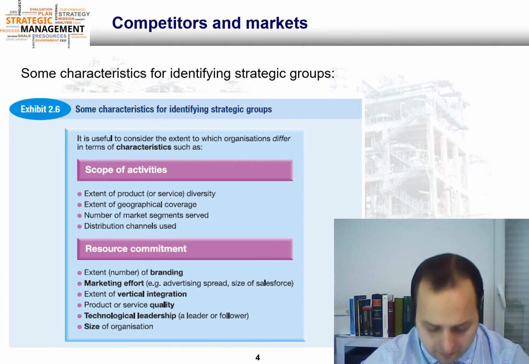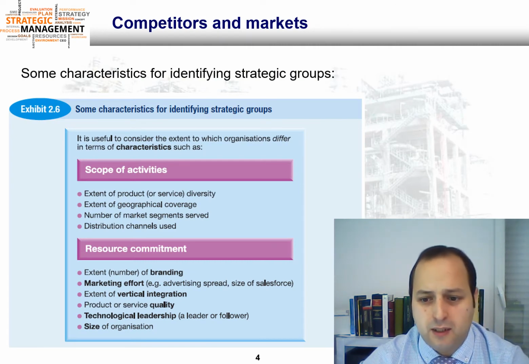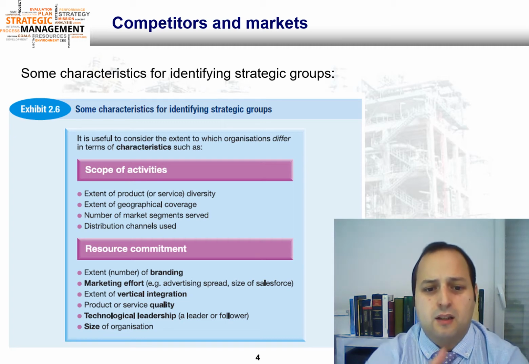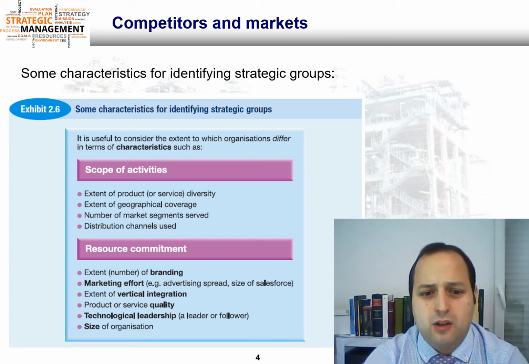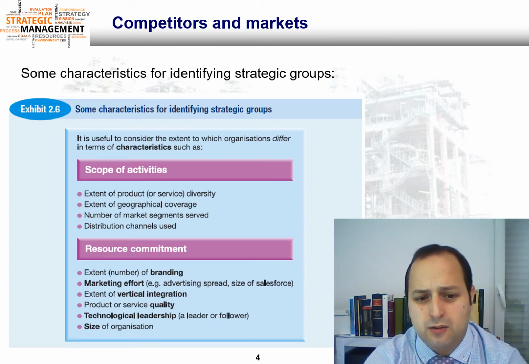Here you can find some characteristics for identifying strategic groups. When we are speaking about strategic groups, we have to focus on, for example, the scope of activities and the resources commitment. When we speak about the scope of activities, we have to focus on the extent of product or service diversity, the extent of geographical coverage, the number of market segments, and the distribution channels used.